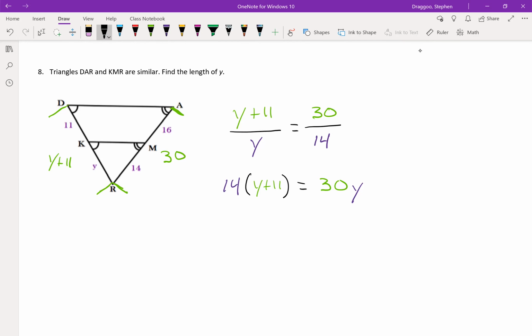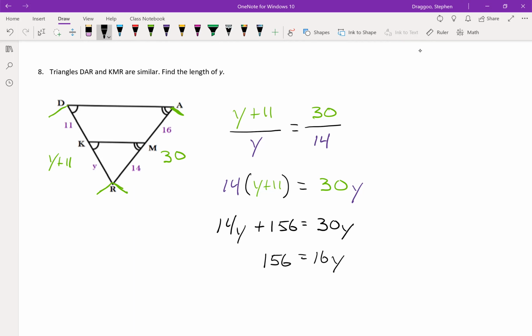So 14y plus 156 is equal to 30y. It's 14 times 11, should come out to 156. Combine some like terms. 156 is equal to 16y.